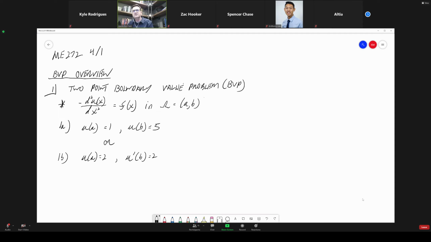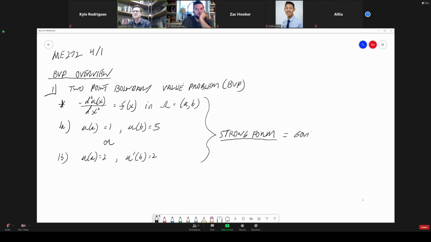But in general, what this is called, very high level, is the strong form. I think you wrote it down, but I don't think you explained it. So strong form is basically equal to the governing equations plus boundary conditions.